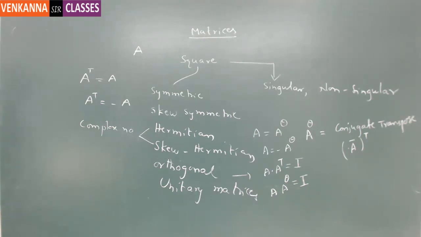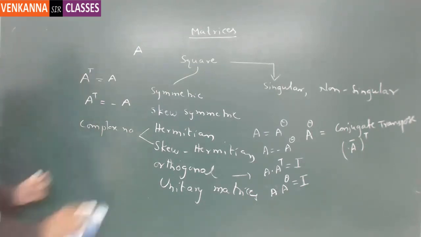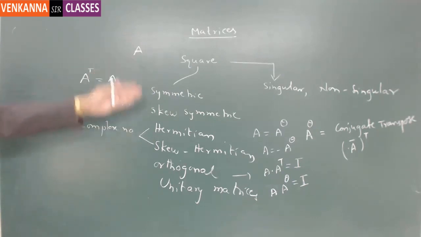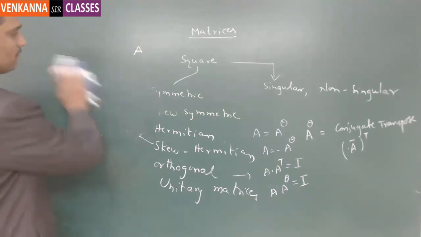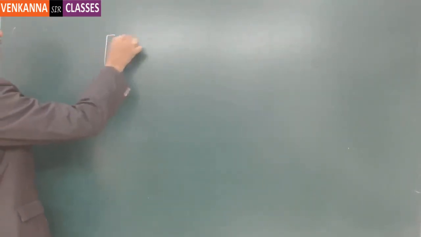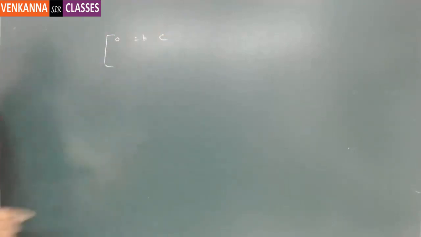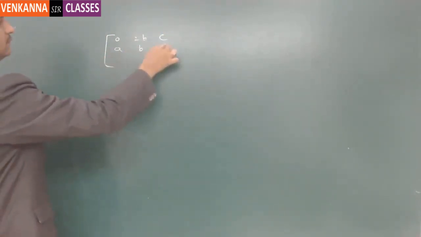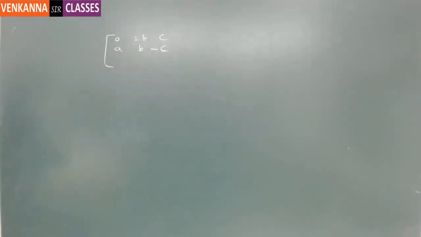Now, let us take a problem on the concept of orthogonal matrix. Fine. Suppose you consider the matrix 0, 2b, c, a, b, minus c, and a, minus b, c.